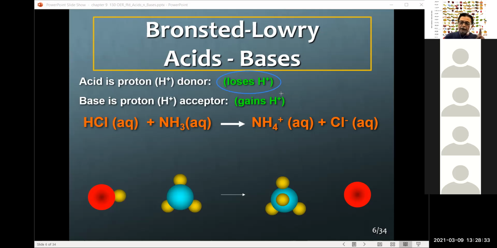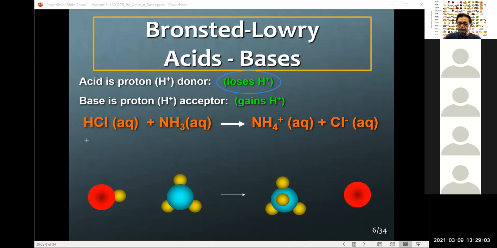Okay. Where they differ is how they define a base. Arrhenius said anything that produces a hydroxide ion. What Brønsted-Lowry says is any chemical that accepts that proton is defined as a base. And that opened up a lot more chemicals to be bases.